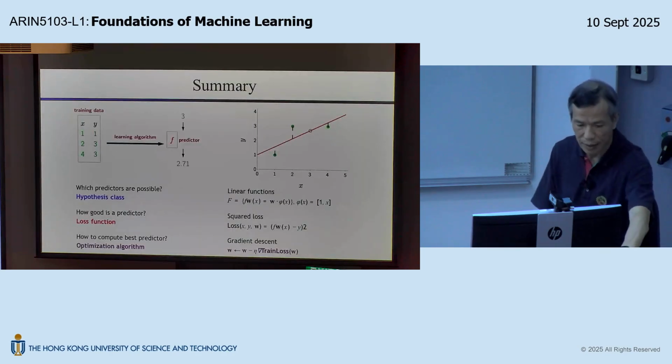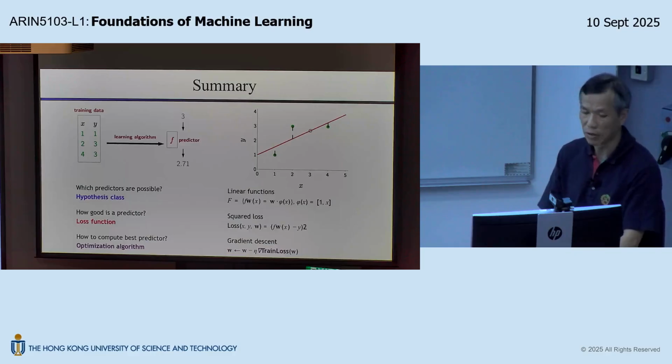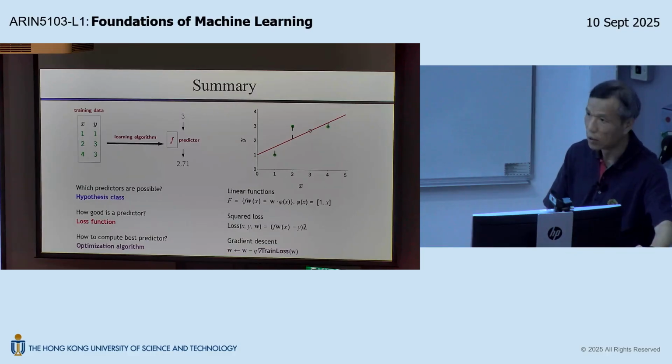So in summary, if you want to do a regression problem, first of all, this is supervised learning, so you need to have a training set with both the input x and the output y. Before you do regression, you have to think about what models to use, so you have to specify the hypothesis class, and here we have the class of linear functions.